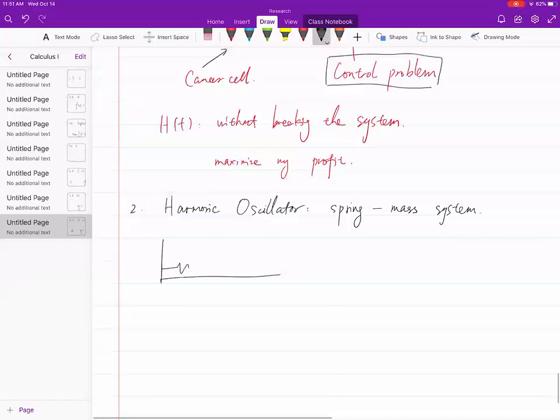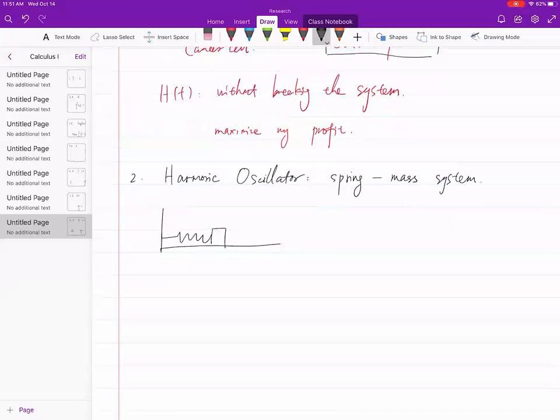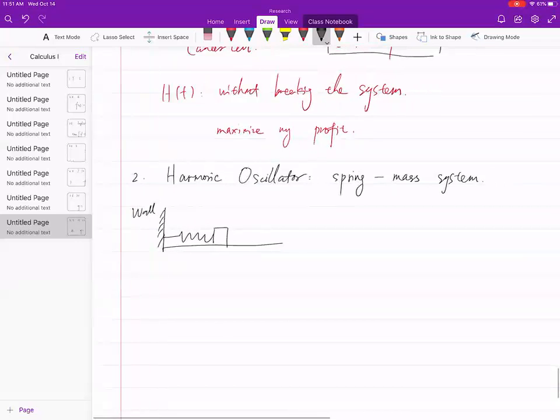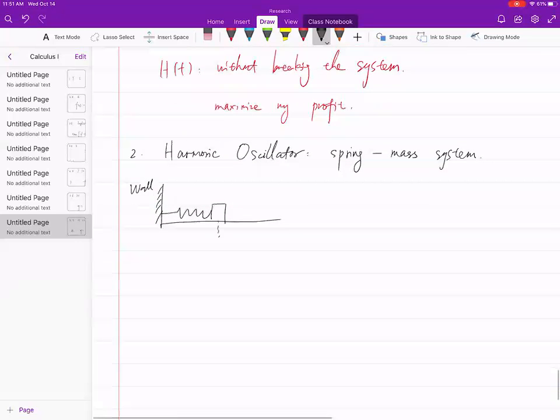I think everybody has seen this before in your elementary science class. You have a wall. You have a spring attached to it, which is pretty stable. Don't fall off. And you have a relaxed state, which means if you just let the spring naturally extend, you put this object there, this one just stay there forever.